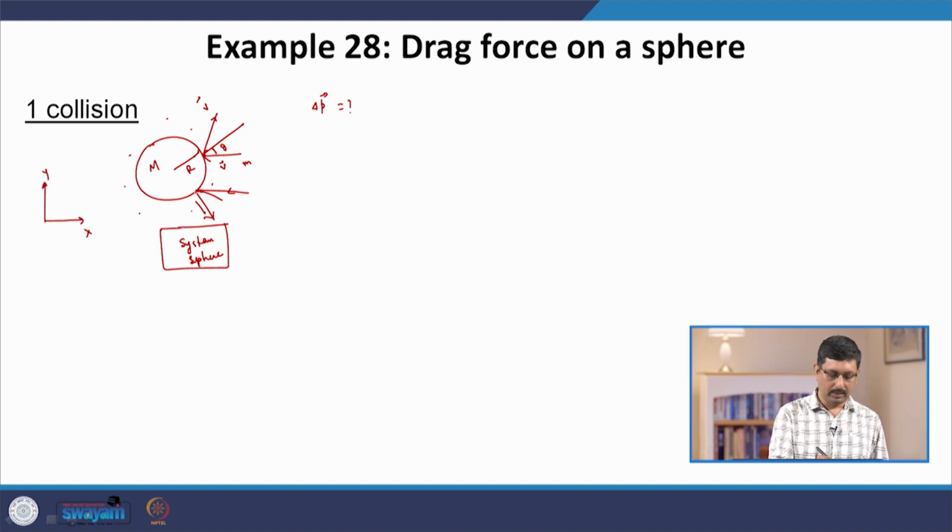So, the y component of the momentum of the fluid particle in this collision versus this collision are equal and opposite. They will cancel. So, all you need to consider is the net change in momentum in the x direction only.